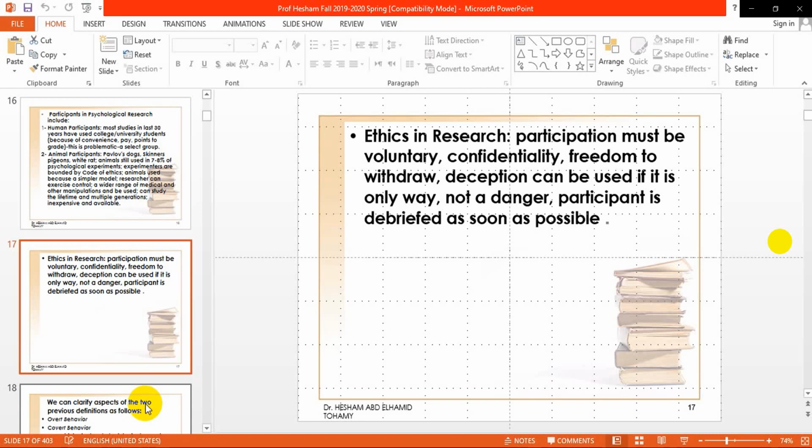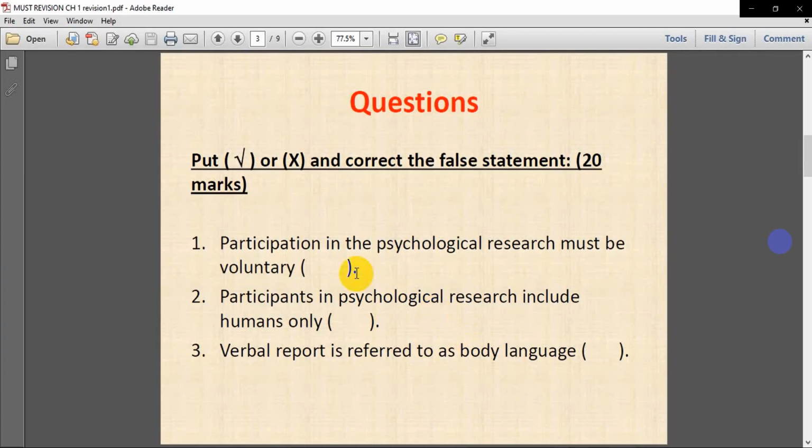We said that deception is not allowed, except if the experiment doesn't include any dangers. Now, about our question: participation in psychological research must be voluntary. Yes, the answer is true.